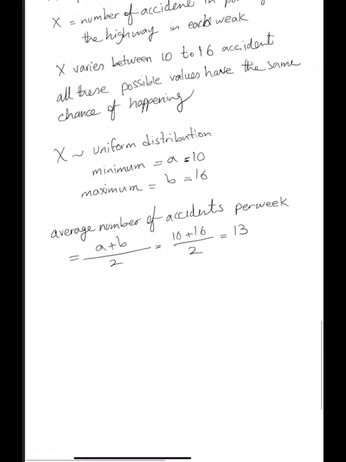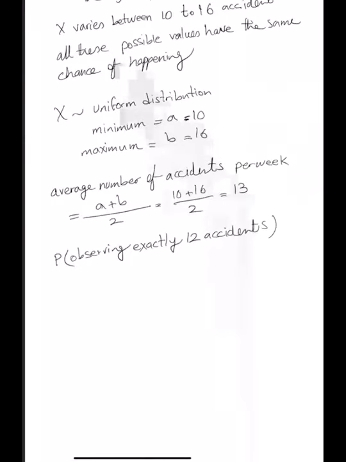If I ask you what is the variance or standard deviation, just use the formula. If I ask you what is the probability of observing exactly 12 accidents? What is that probability?